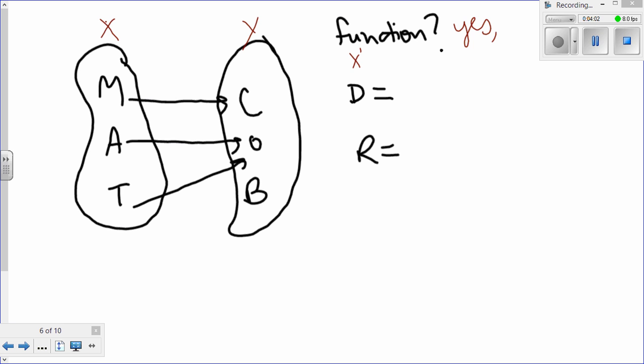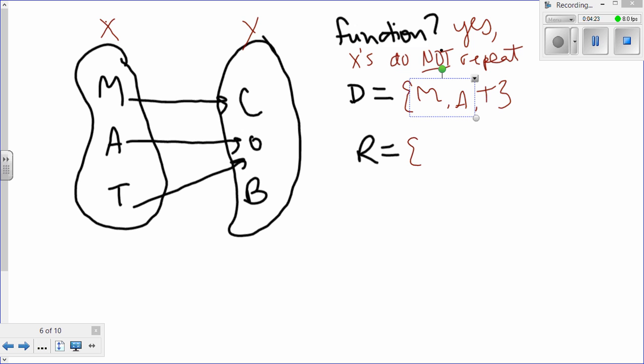The x's do not repeat. My domain is simply the x values, so it's m, a, and t. And then my range is my y values, which is just c and o.